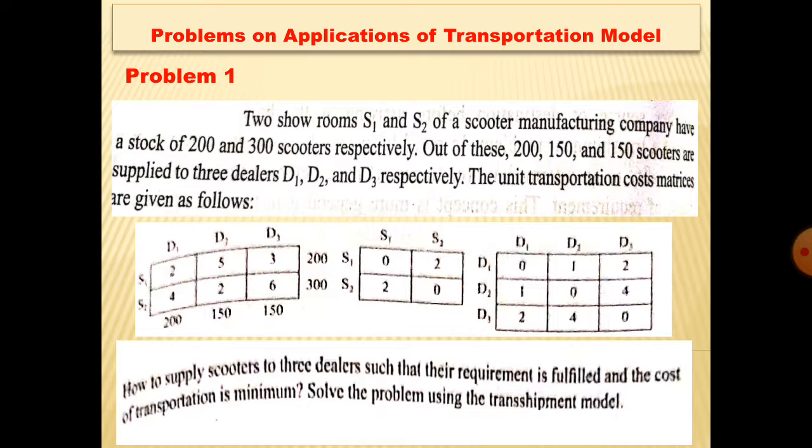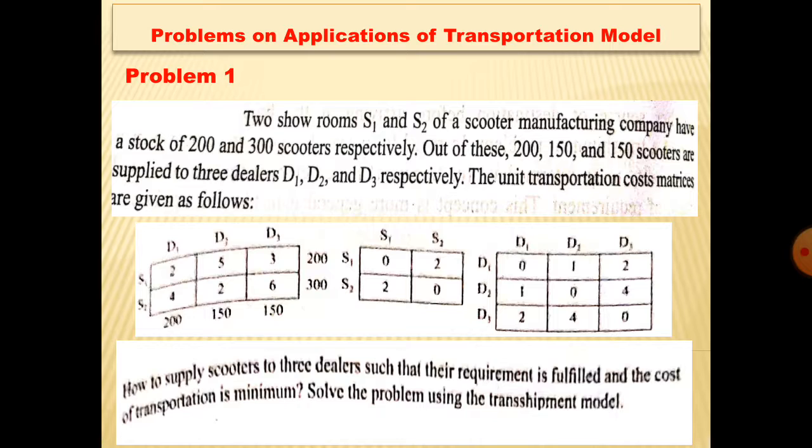Okay, and we have solved the different types of problems. After solving basic feasible solution, we solve optimality test. There are 2 methods available to find the optimality test. First one is stepping stone method and second is modified distribution method.